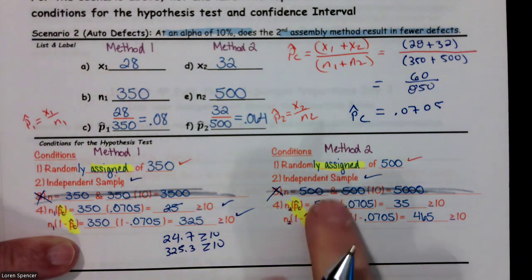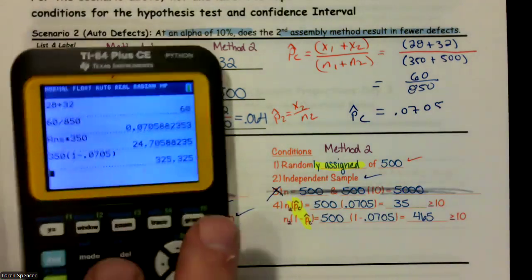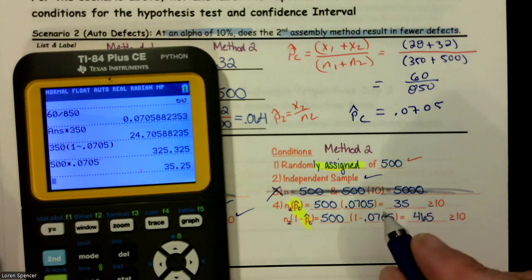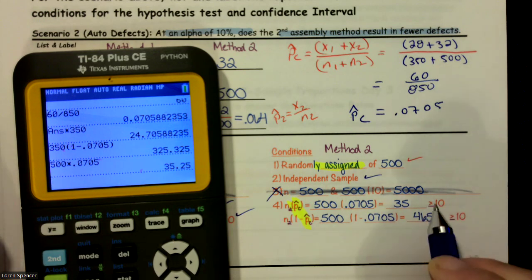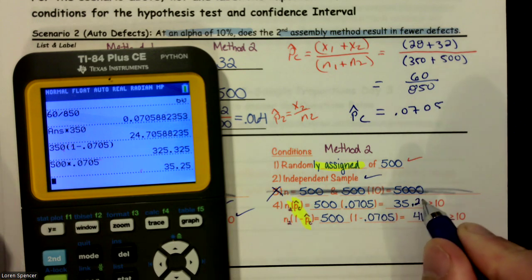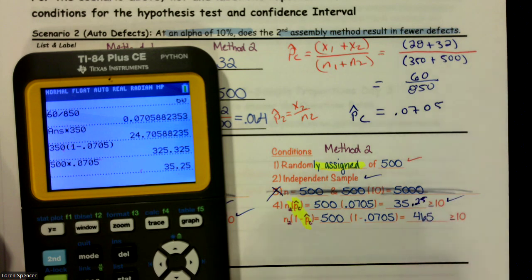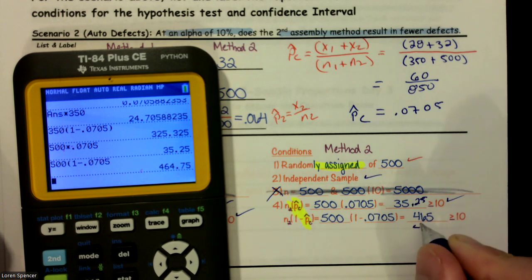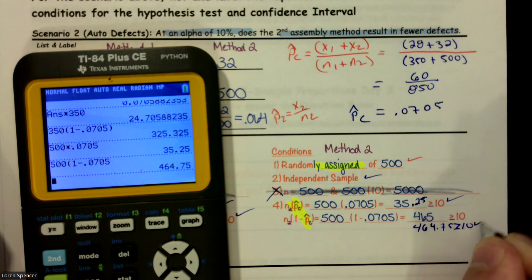All right, moving on to this one. We have 500 times 0.0705, and that's 35.25. And 35.25 is greater than or equal to 10, so that's good to go. And then 500 times parenthesis 1 minus 0.0705 is 464.75, and that's greater than or equal to 10.